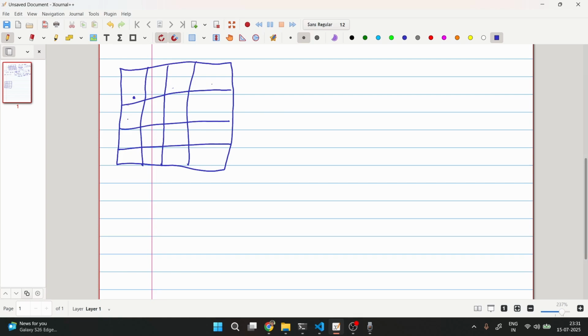Now we move to the second row and try to put a queen here, but it will not work because it's in the same column. We try here, but that also will not work because it is in the same column. So we can put it here. Then we move to the third row. We can't put the next queen here, not here, because it's going to attack diagonally.